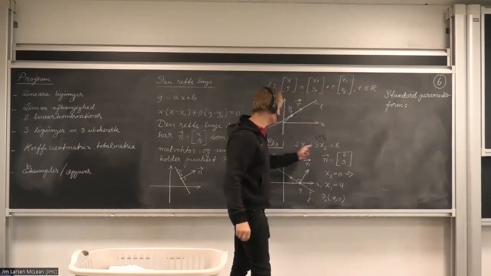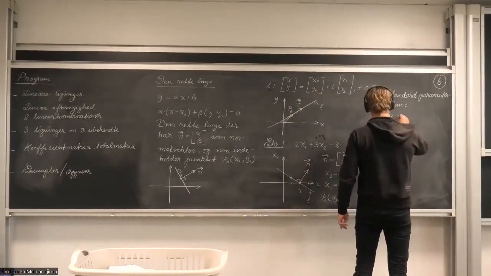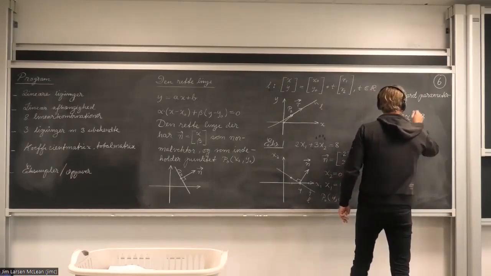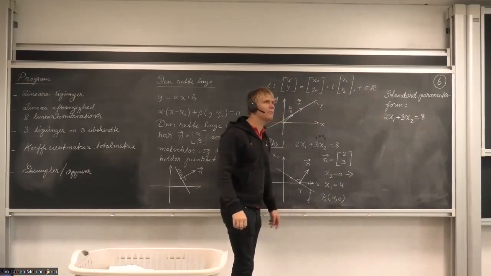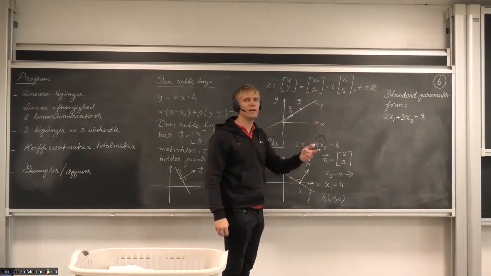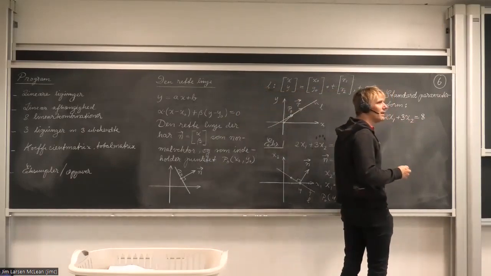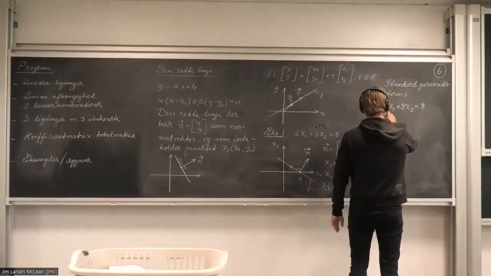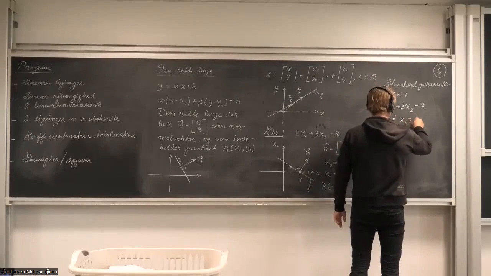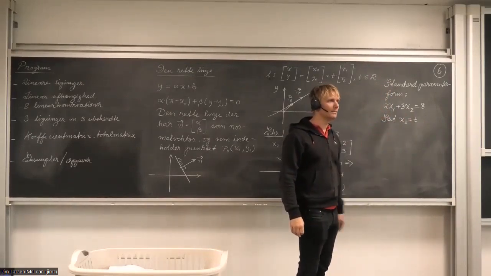You just look at this equation here: 2x1 plus 3x2 equals 8. And then you say, okay, I cannot find x1 unless I know x2. So I let x2 be a variable I can change. This is called turning x2 into a free parameter. So I am saying now, let's imagine that we set x2 to be called t. Because then we know that t is something that varies, and that's what you call a parameter.